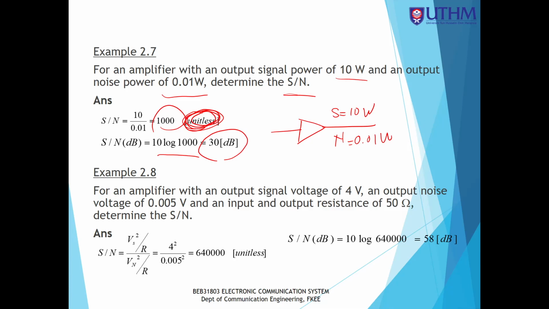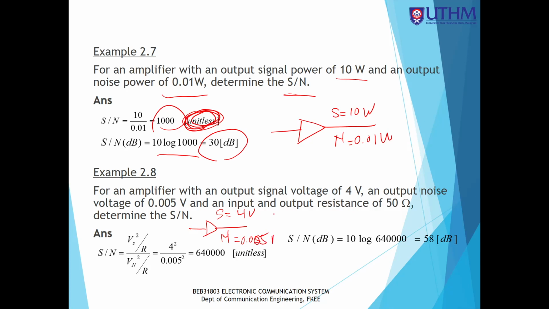Example 2.8, for an amplifier with an output voltage of 4 volt and output noise voltage of 0.05 volt. Okay, so here if you draw the amplifier at the output, the signal voltage is 4 volt, the noise voltage is 0.05 volt.